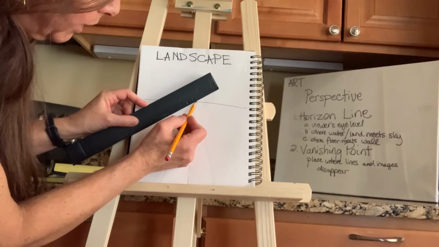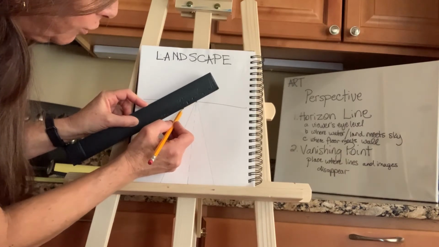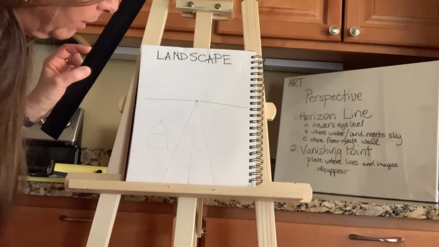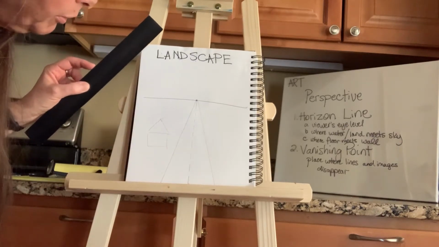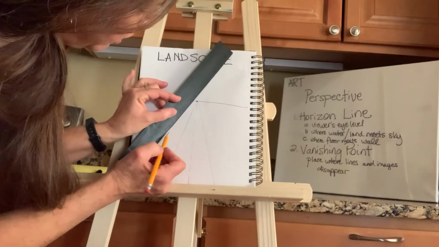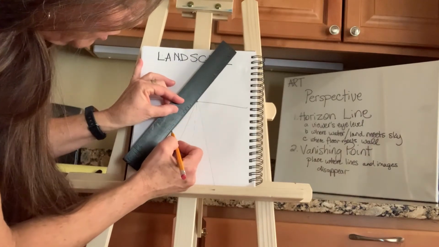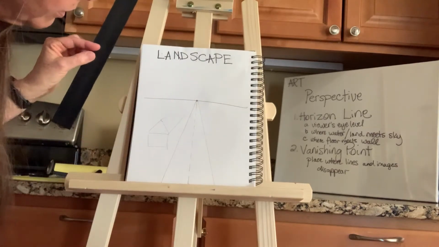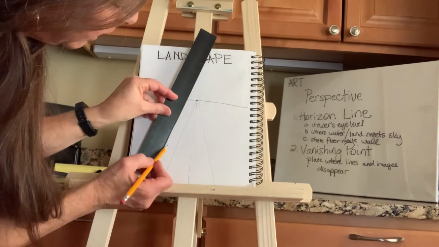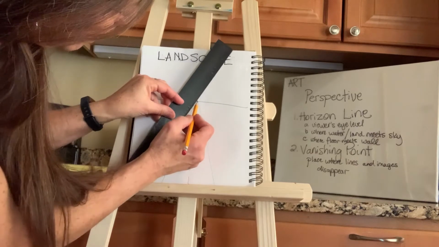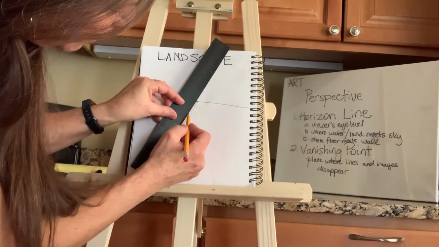So ever so lightly, draw a line from the vanishing point to the peak of the roof. Ever so lightly, draw a line from the vanishing point to the corner of the roof of the house. Ever so lightly, draw a line from the vanishing point to the front edge of that house.